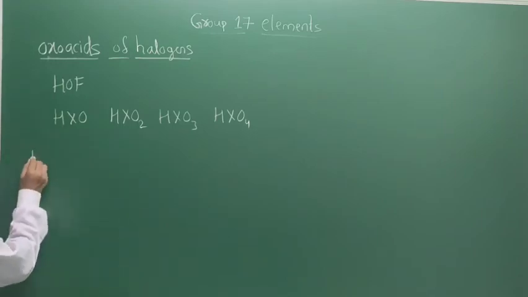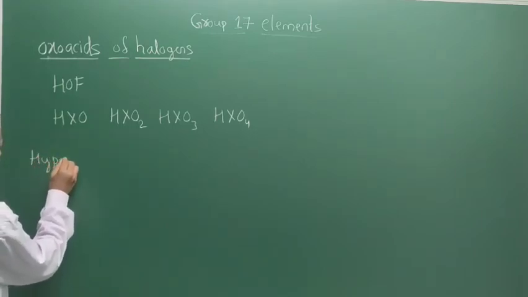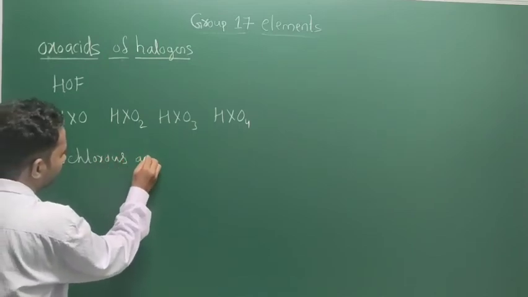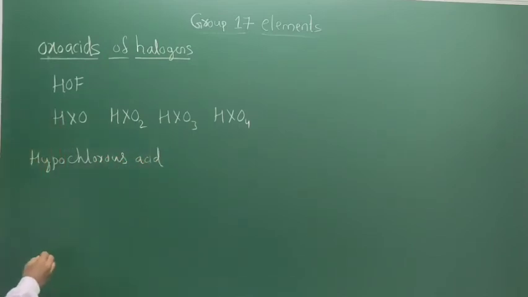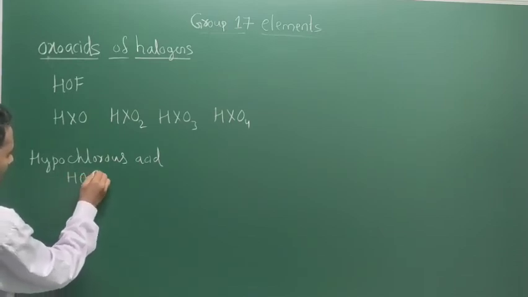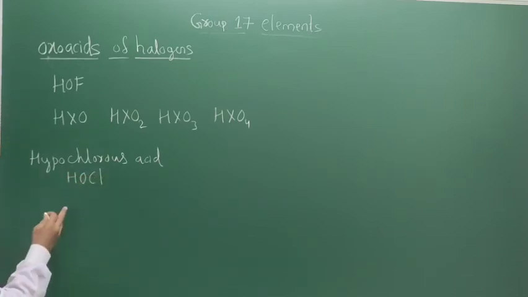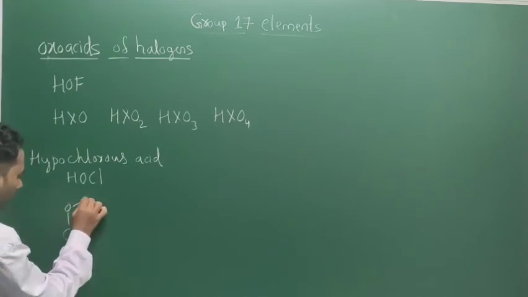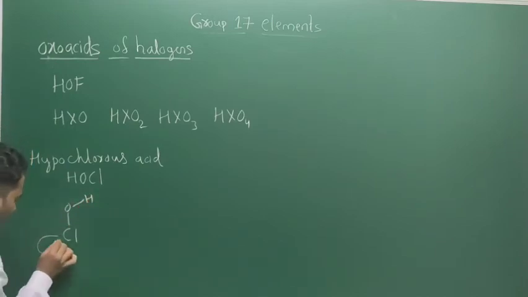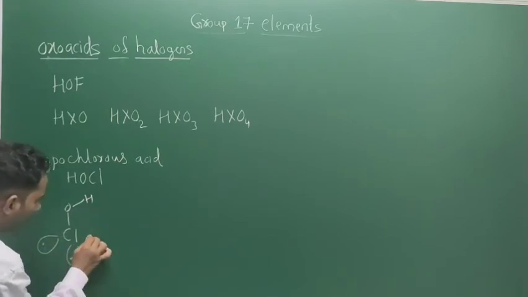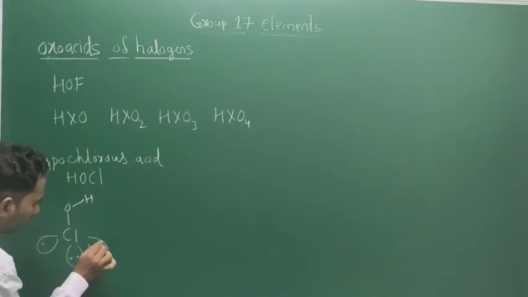So first one is hypochlorous acid. The formula is HOCl. So here the structure is Cl-OH containing 3 lone pairs of electrons.